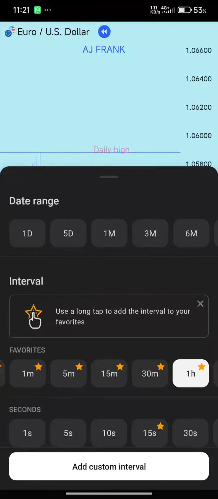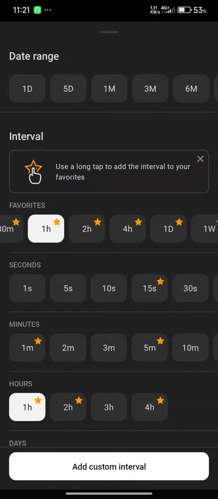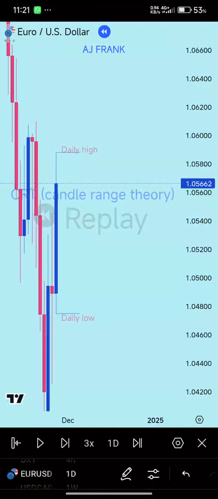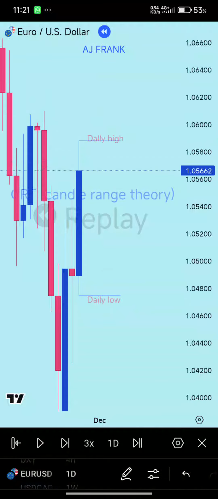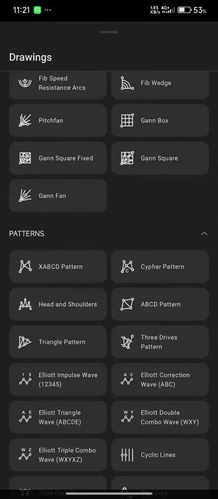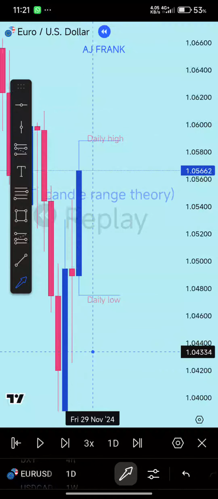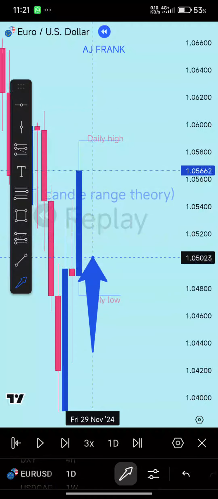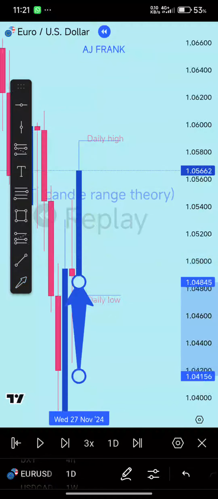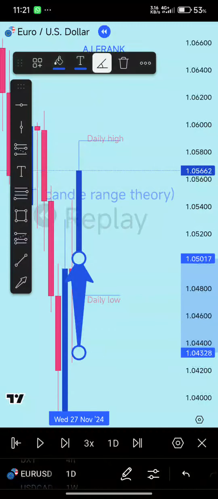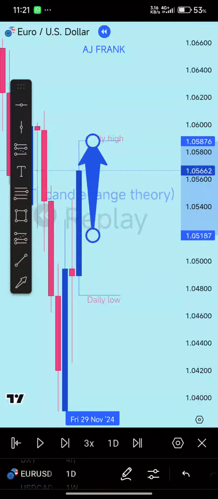Let me go back to daily time frame and show you what I just did. This is that candle right here, this candle right here that I just marked, and this is the daily high of that candle.